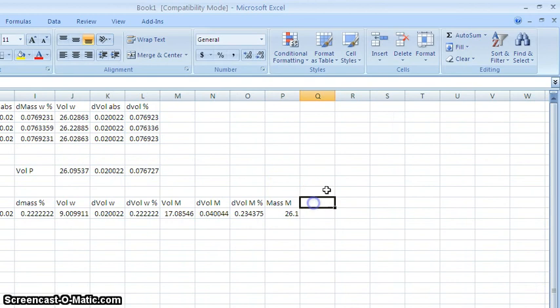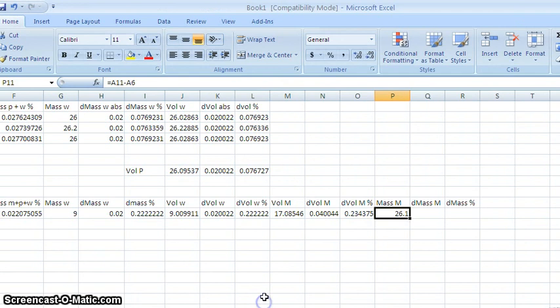So I'm going to then, of course, get my uncertainties on this. Since this was a subtraction, as you can see right here, for the absolute uncertainty in the mass of the metal, I have to add the two numbers I use.